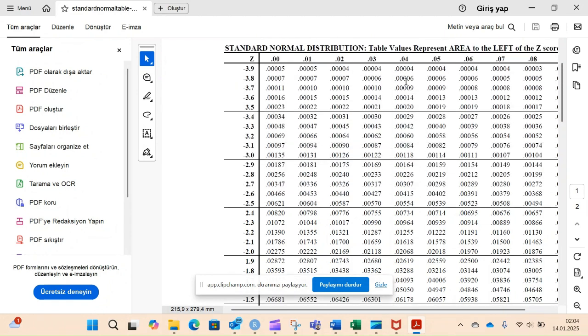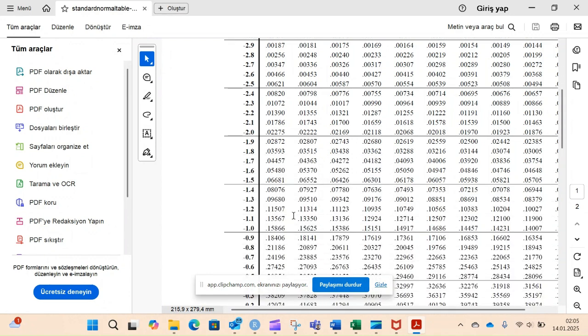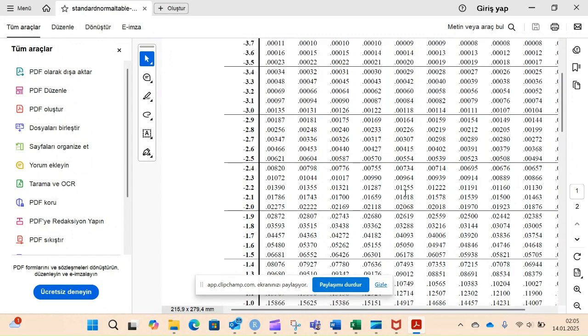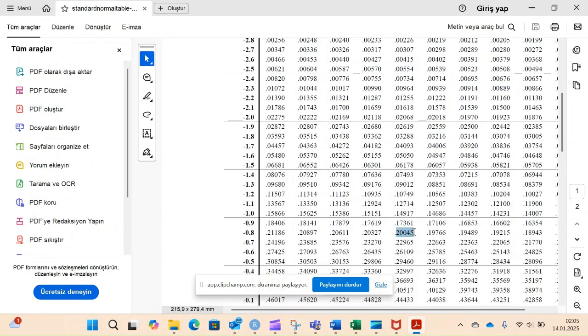Okay, 0.04, because it's 0.84. So we will find the 0.8 row and the 0.04 column. The intersection will give us the exact p-value.